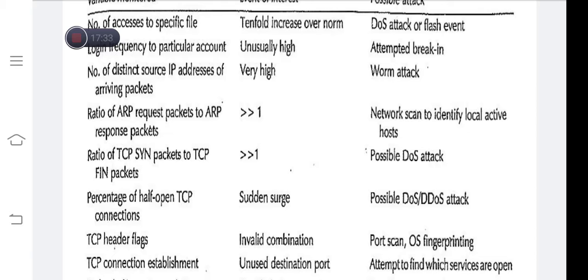These IDSs will have to learn over time what constitutes the normal activity, the other usages, and also the behavior of the network.